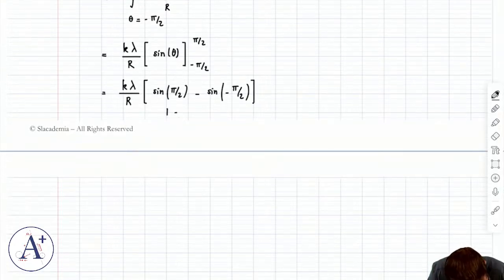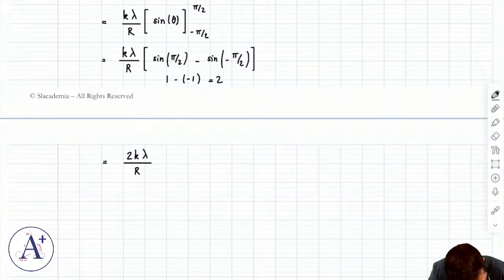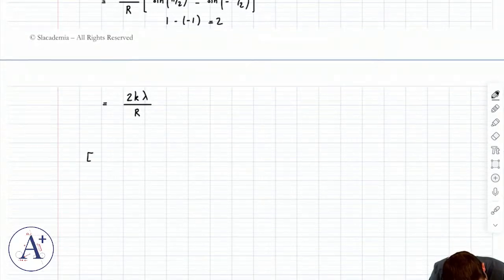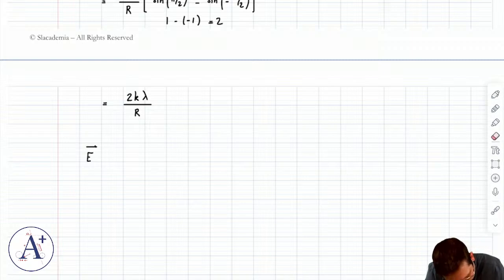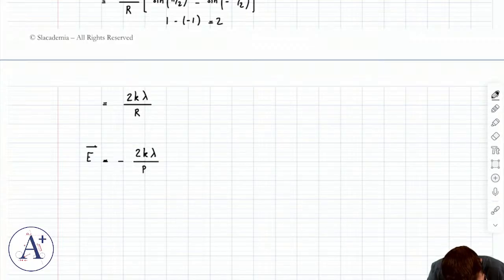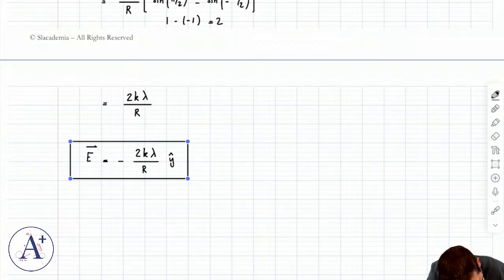And so we're going to get 1 minus minus 1, which is 2, and we get 2 k lambda over r. And so we conclude that E at the center is going to be minus this y component, 2k lambda over r, times y hat. Duh. Okay, that's the electric field at the center.